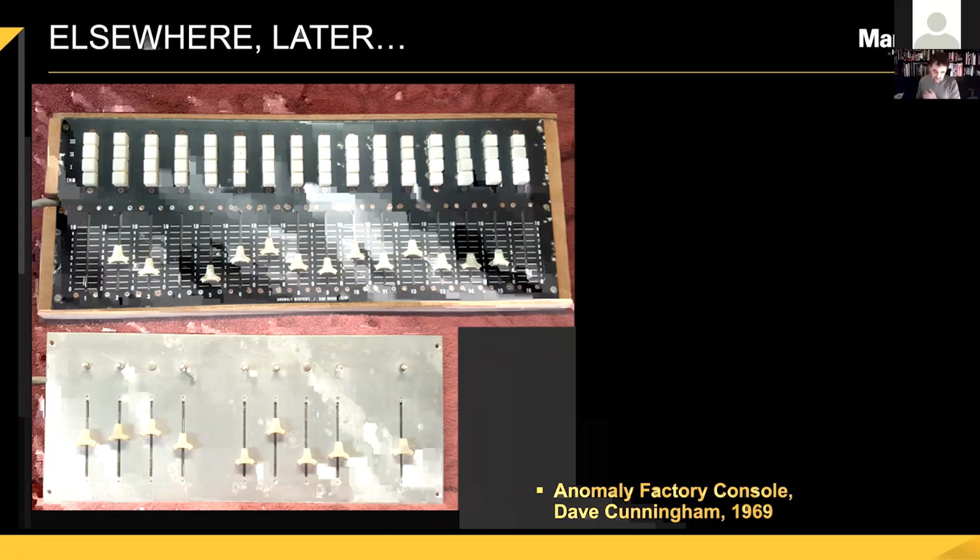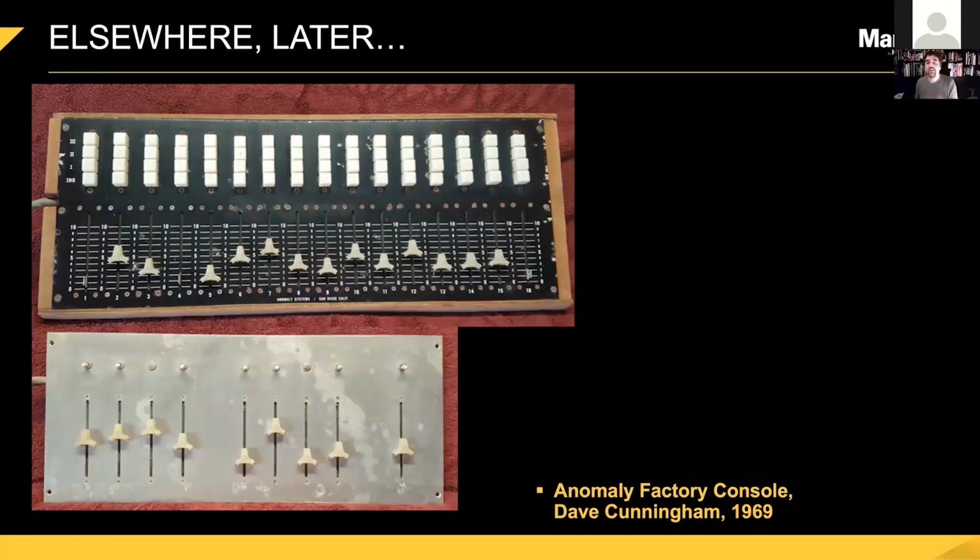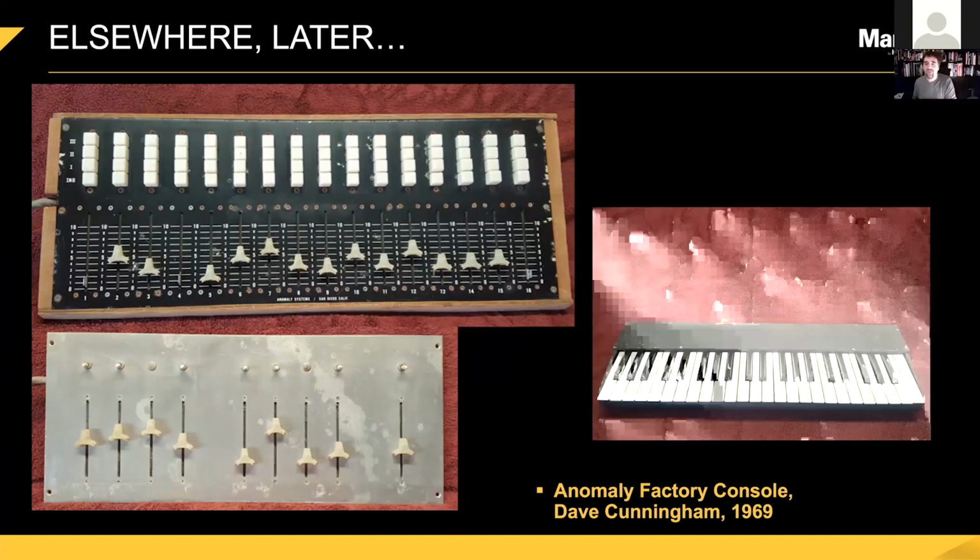His first attempt at computer control, 1969, at the Anomaly Factory in California. Similar sort of thing, trying to store data, punched it to tape, but he added a second interface, which is not unlike Light Console, which is a piano keyboard, effectively.